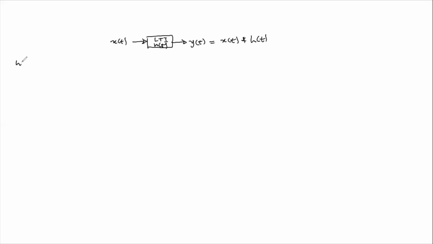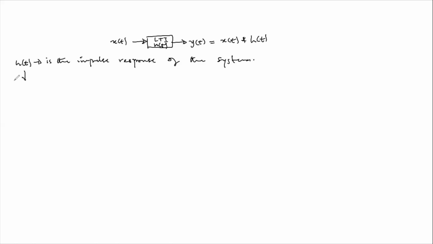Now, H of t is the impulse response of the system. It is a property that characterizes the system. And for ease of analysis, H of t is easier to evaluate in the frequency domain.